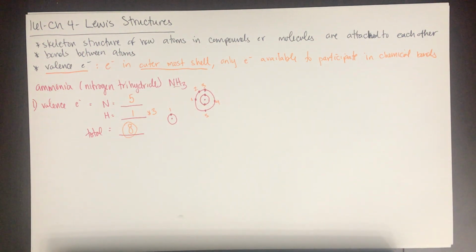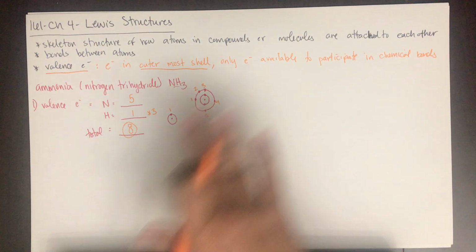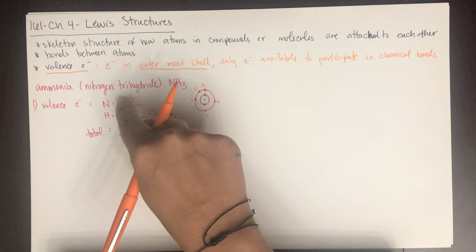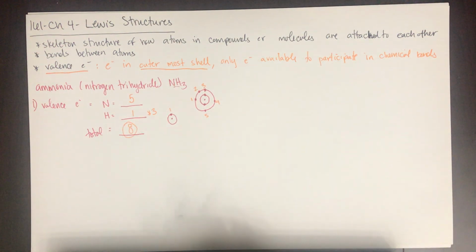The first thing you want to see is how many total valence electrons there are. And then you are going to make a skeleton of how these nitrogens and hydrogens are arranged, to distribute those electrons so that everybody has a full shell, and see what that shape looks like.